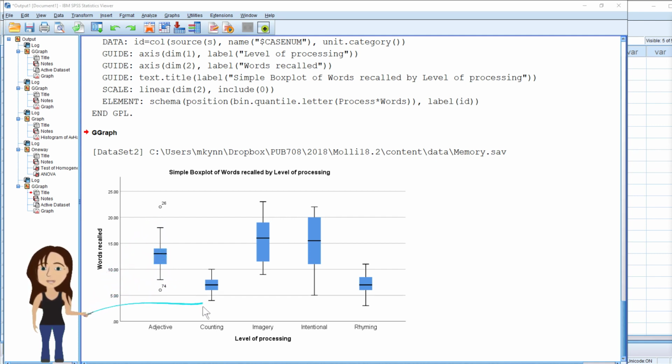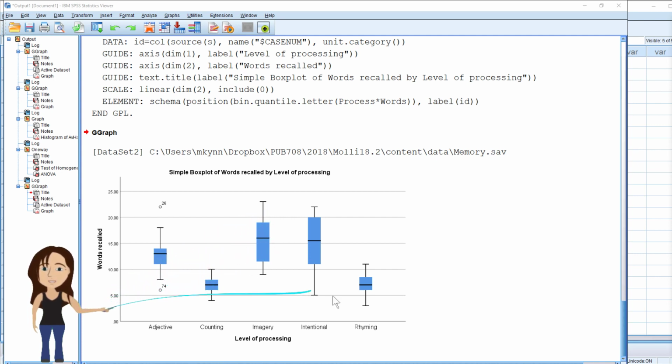What is interesting is that what we can see already is that for, let's say, these two, imagery and intentional, so imagery was the one that I thought would work well just because it seems like a reasonable memory technique. We've got a reasonable amount of variation here, so perhaps it is helping people remember words, but it's maybe not having the same effect on everyone.